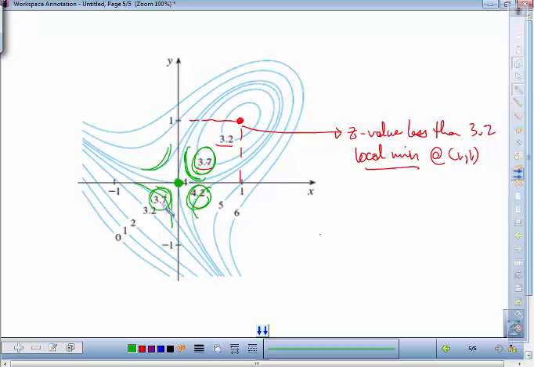So this is 3.7 over here, and these level curves over here, if you follow this, this is 4.2. So these values look like they're a little bit less and a little bit greater than this actual point. Then you have a saddle.